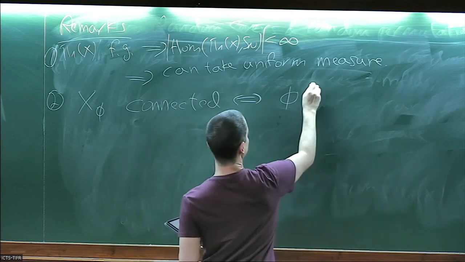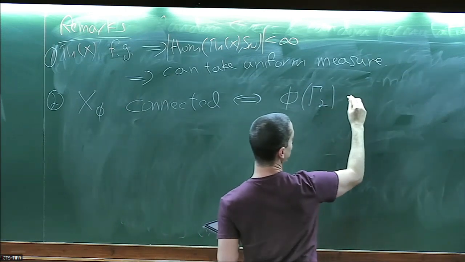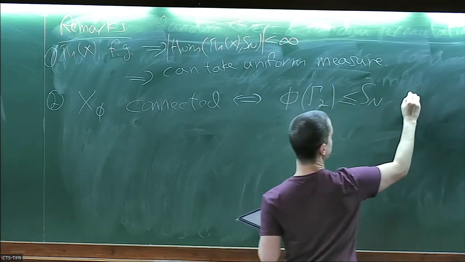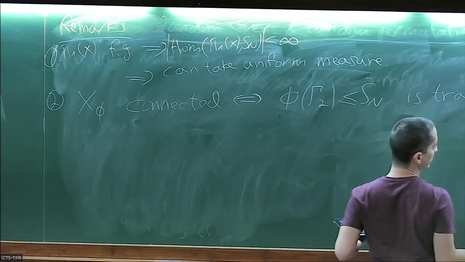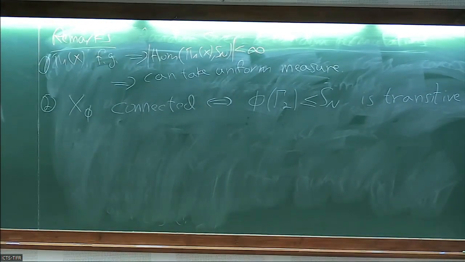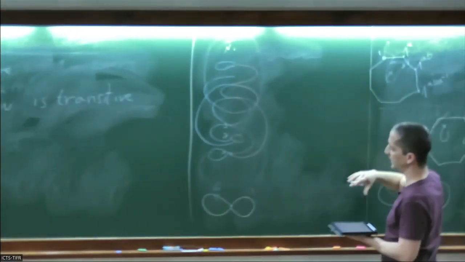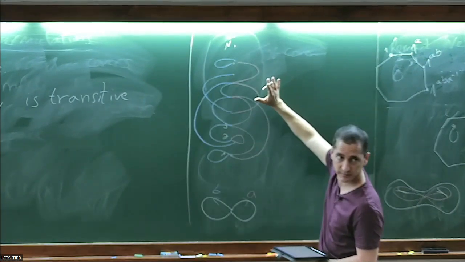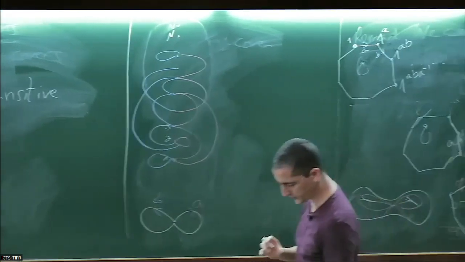The image of the group gamma 2, the fundamental group of the surface, is a subgroup of S_n, and it should be transitive, because only if it's transitive can you get from every point here to any other point. If it's disconnected, there are going to be different points in different connected components. You can think about this afterwards if you don't see it.